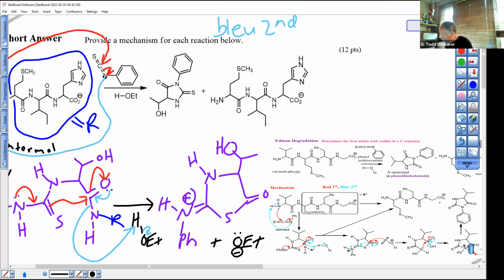So it attacks, pi breaks, and then the ring opens up. Pi breaks, lone pair comes back, and you get a thionyl. Sulfur double bond to carbon is a thionyl. You knew that.